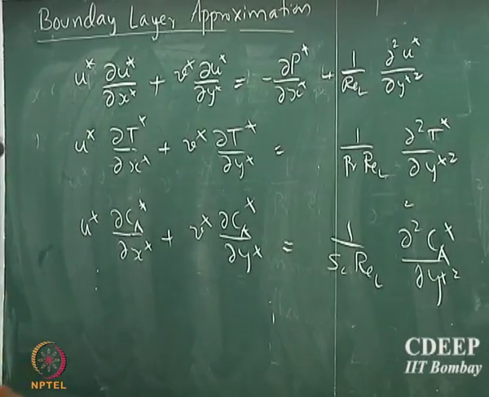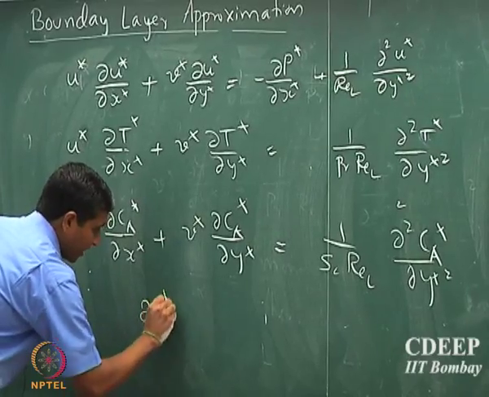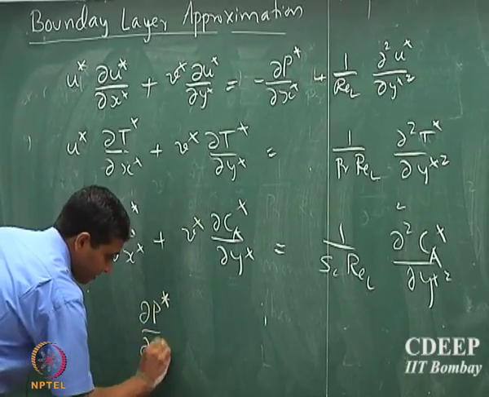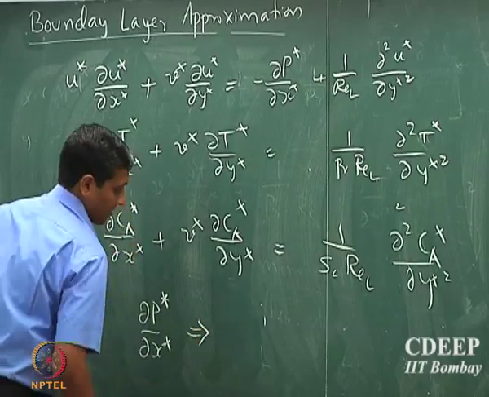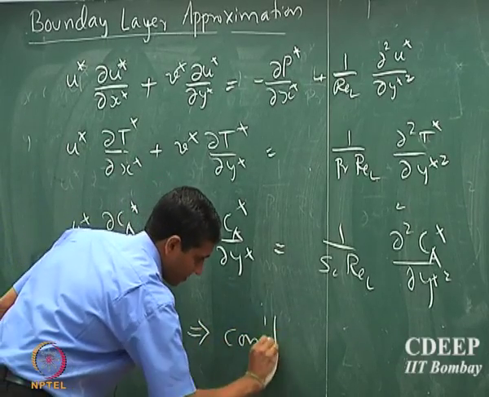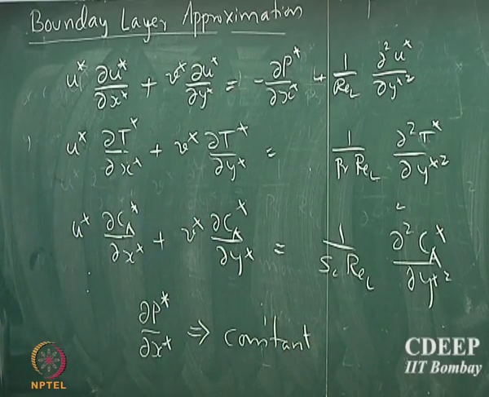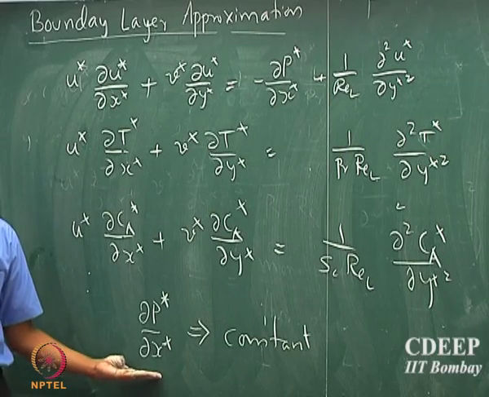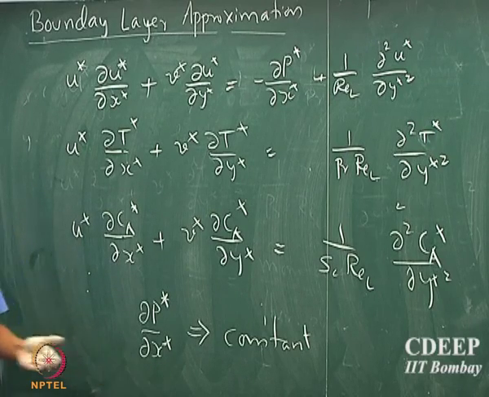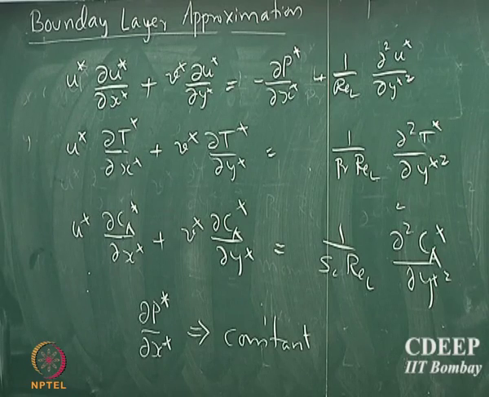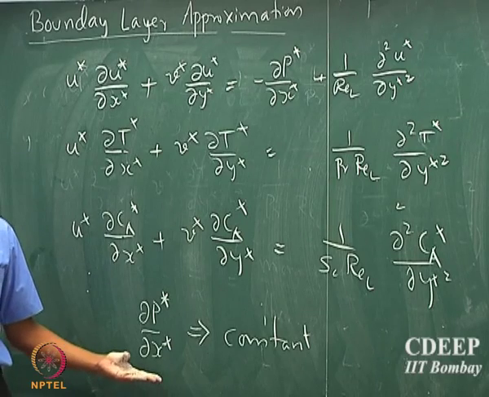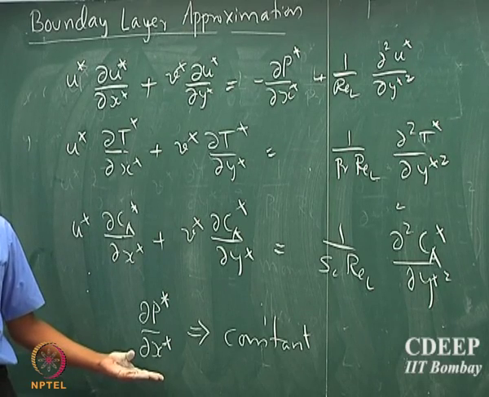Okay. So if I know what dp star by dx star is, note that I am pumping the fluid, right, so it's a forced convection. If I assume that it's a steady state where the fluid is flowing at a constant pressure drop, then it's fair to assume that the pressure gradient is constant.